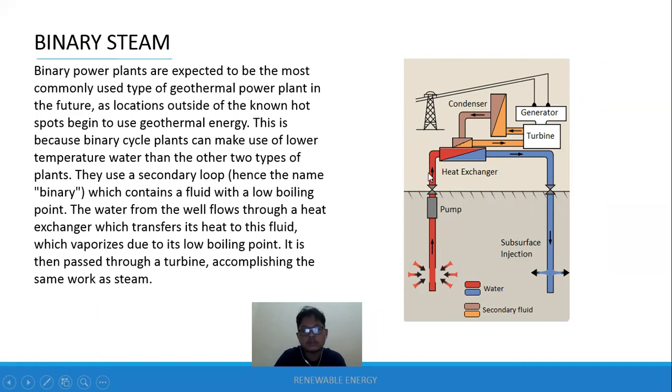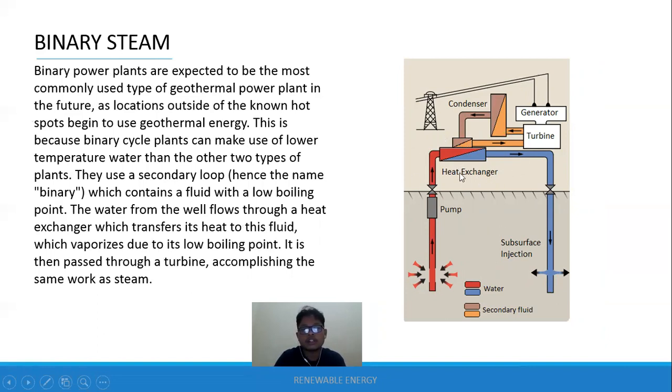This is the hot water, which will be pumped to the heat exchanger, and from the heat exchanger, the secondary fluid will be produced and will flow to the turbine, and from the turbine will flow to the condenser, and from the condenser will go back to the heat exchanger.